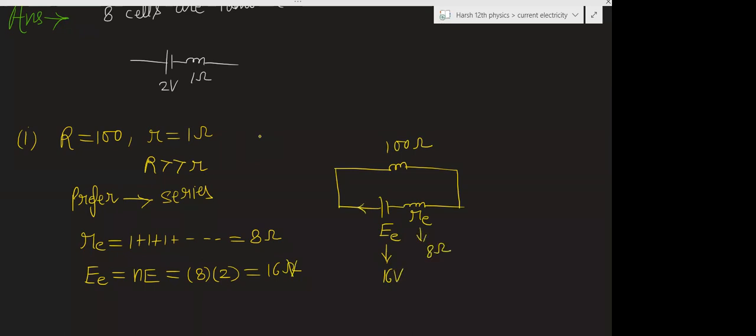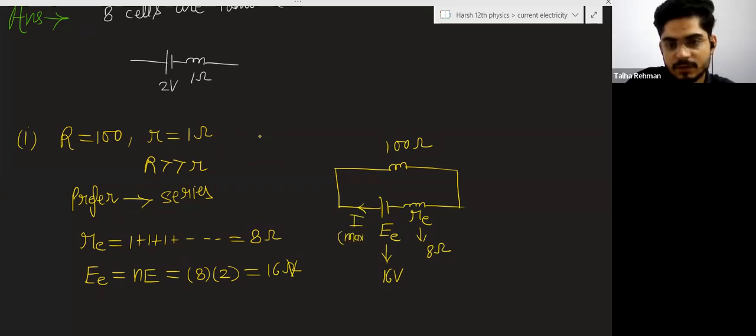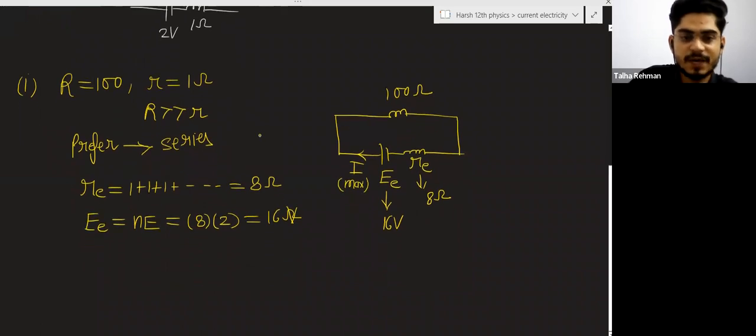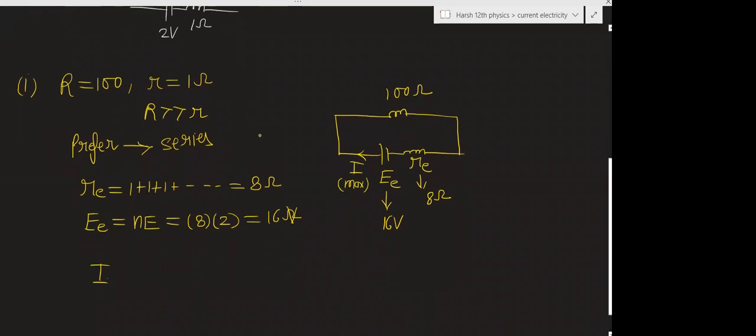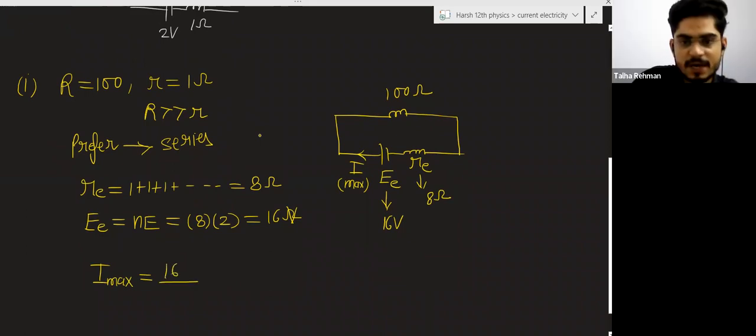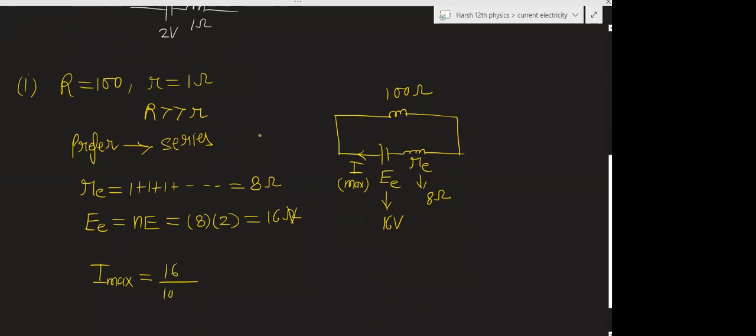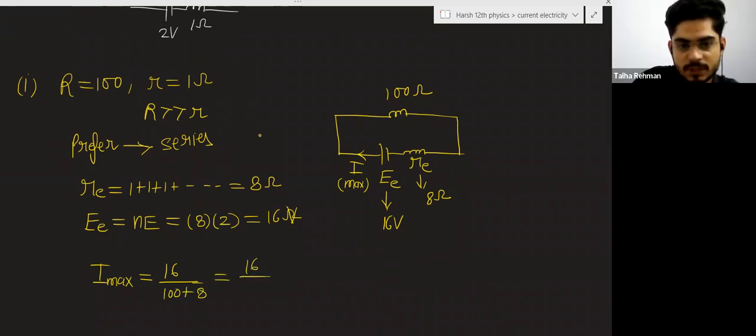And now this current will be the maximum current. So we can find I max, which is 16 divided by 100 plus 8, that is, 16 divided by 108 ampere.